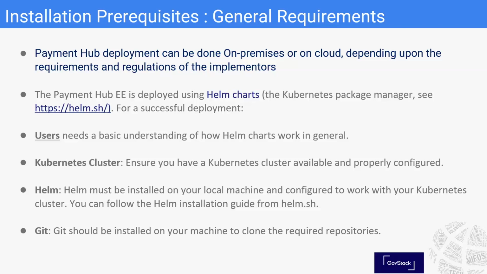To use Helm charts, Helm must also be installed on your local machines or the environment wherever you will be working, and the installation guide, as we've told you, is there. Git should also be installed on your system so that you can integrate it with your pipelines and start pulling code from there.